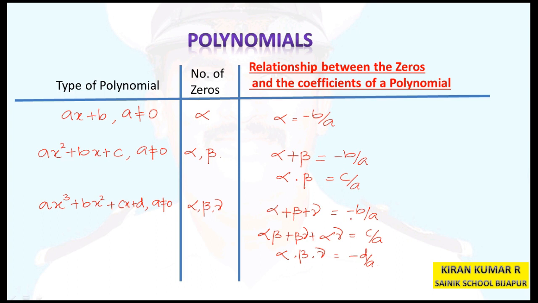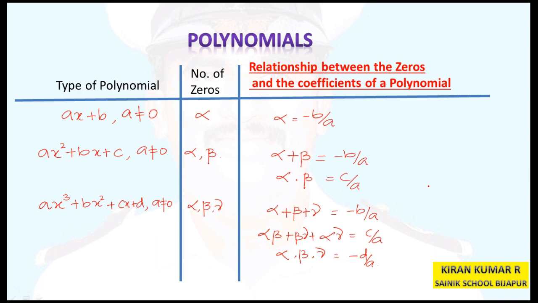We have minus b by a, c by a, minus d by a. Alternately, a negative and a positive is there. So it's easy to remember. We shall make use of this to solve one more question related to the relationship between the zeros and the coefficients of a polynomial.